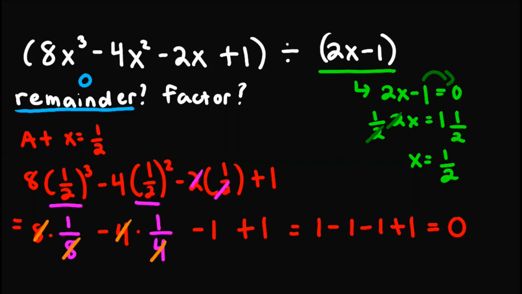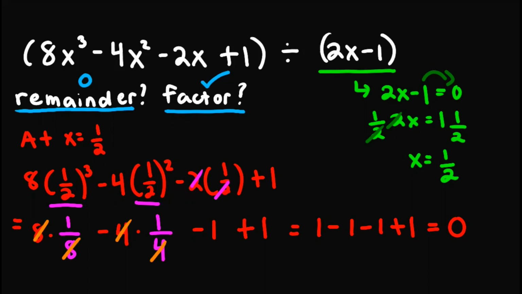Again, by the factor theorem, if after applying the remainder theorem the result is 0, this implies that 2x minus 1, or the divisor, is a factor of the given polynomial, which is 8x cubed minus 4x squared minus 2x plus 1. So 2x minus 1 is a factor. And so we have finally answered the two questions that we have for this problem.